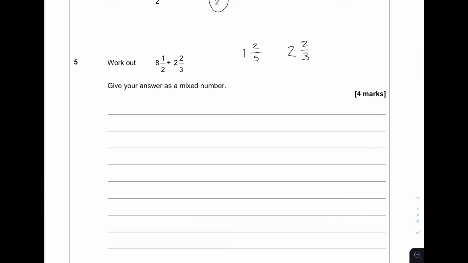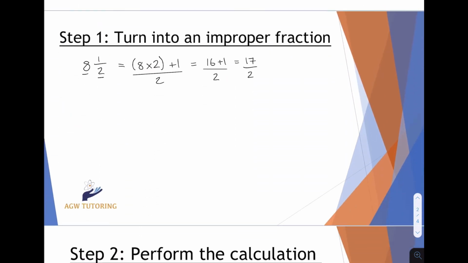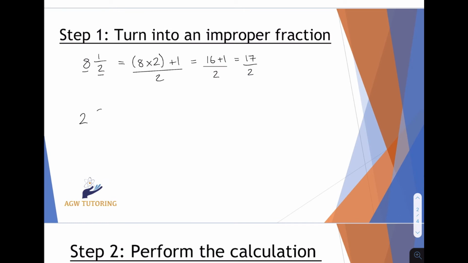Then we want our other number converted into an improper fraction as well. So we've got 2 2/3. Using the same method, we're going to do 2 times 3 plus 2. So we're doing the denominator times the whole number, adding on the numerator.